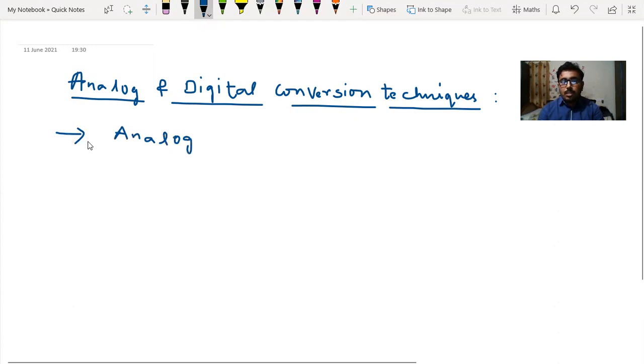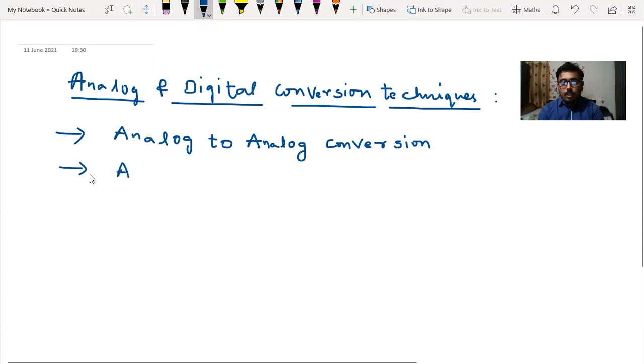There may be a system with analog input, and we also need the output in terms of an analog. In that case, we can take the analog to analog conversion process. Okay, and next we may have the analog to digital.